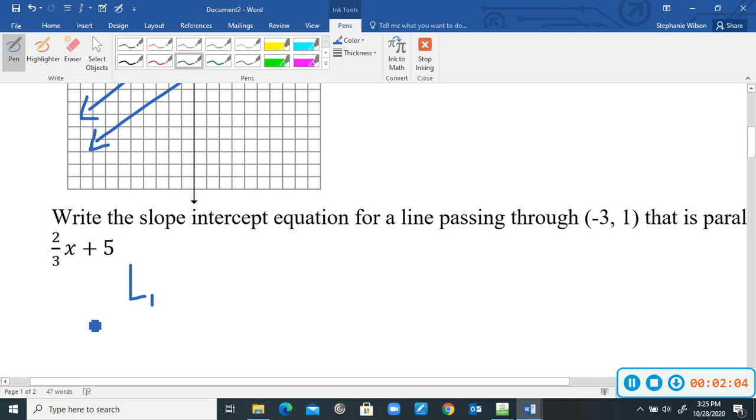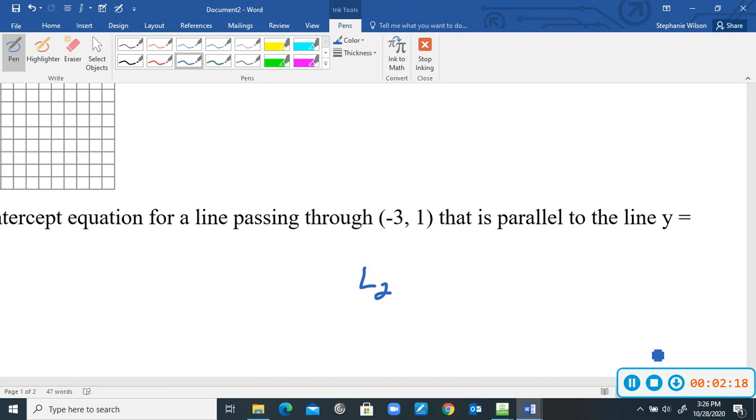In that column, I'm going to have this ordered pair of -3, 1. And over here, I'm going to have line subscript 2. Let's finish reading it out. It says that these two lines are parallel to each other.